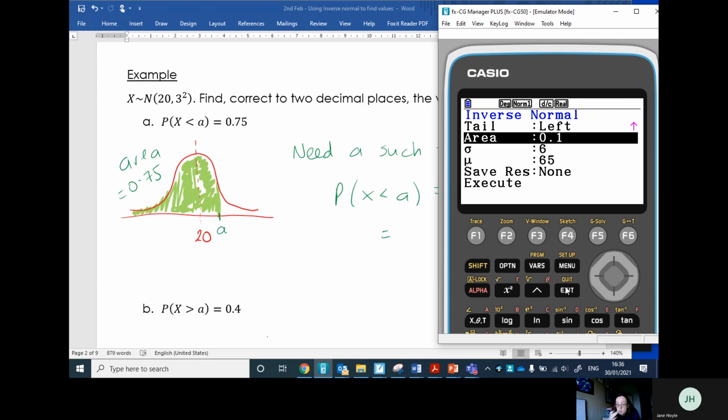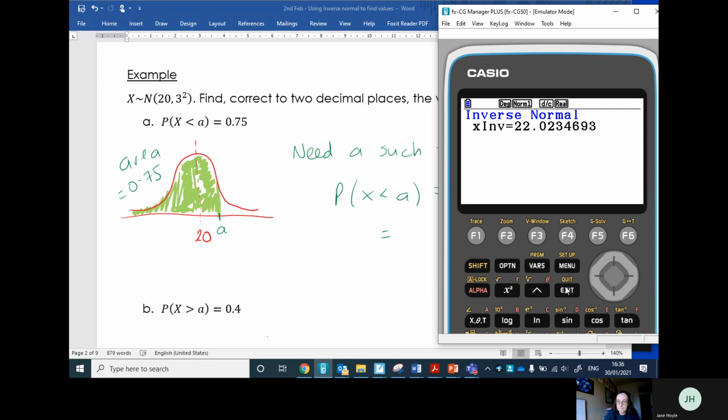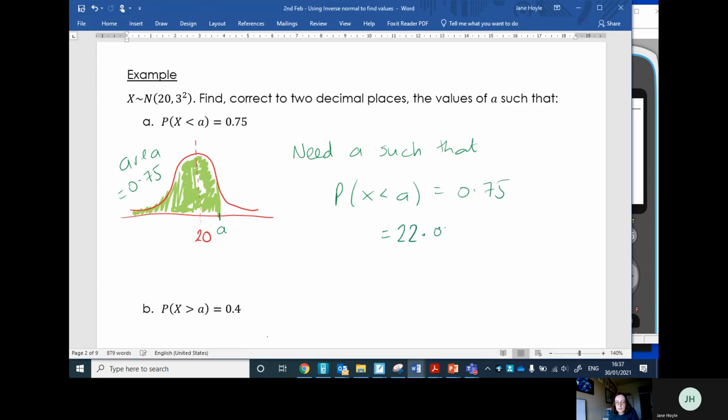I'm already in inverse normal. I want the area to be 0.75 this time. I want the value of sigma first, sigma is 3, and the mean mu is 20. I want the left tail, yep, that looks good. 22.02. And again, just check that looks right. We want somewhere above 20, 22.02 seems to fit the bill.